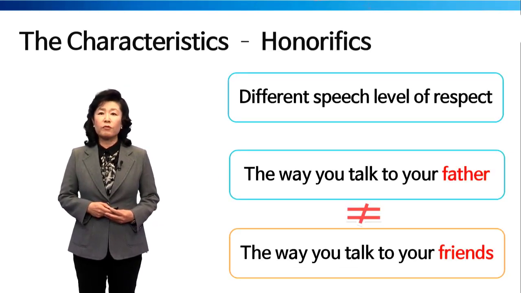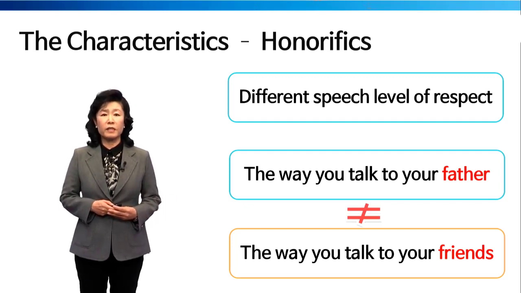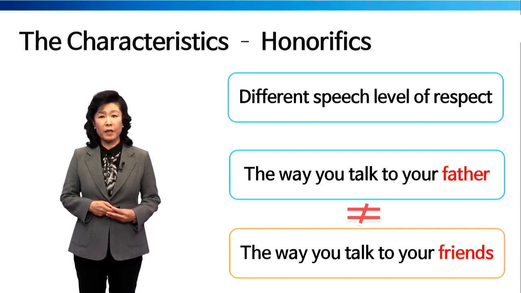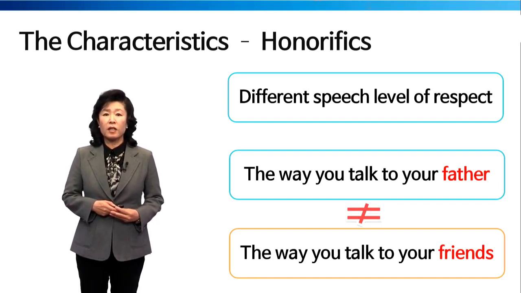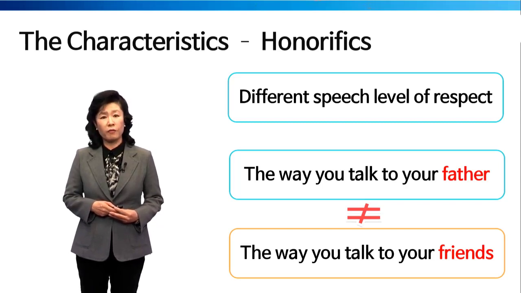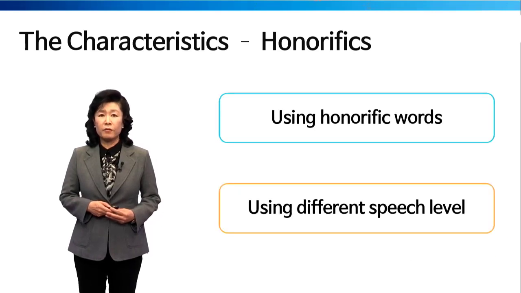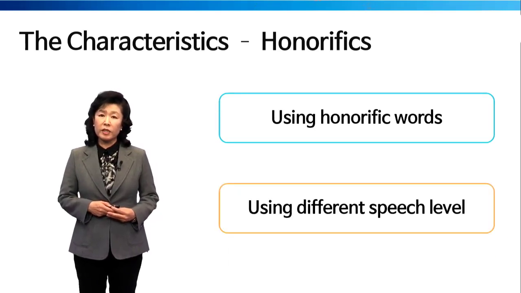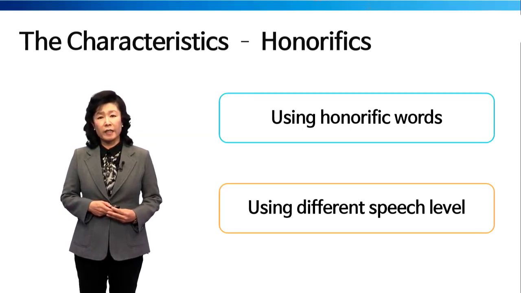Lastly, Korean is a language with honorifics. In using honorifics, there can be different speech levels of respect according to the person you are speaking with. The way you talk to your father is different from the way you talk to your friends or colleagues. For example, in English, you and your father would say "good morning" in the same way.